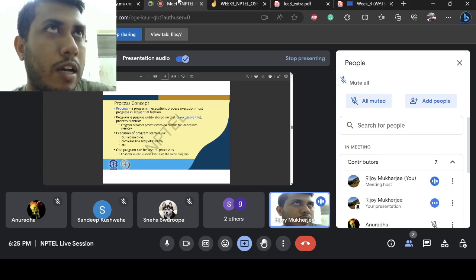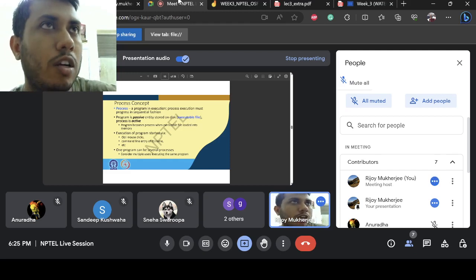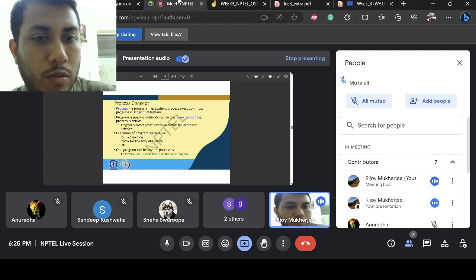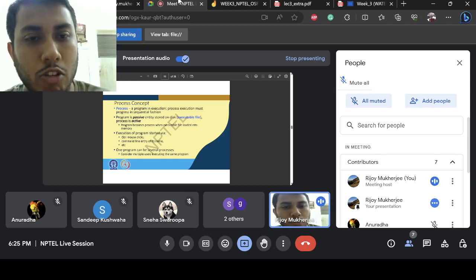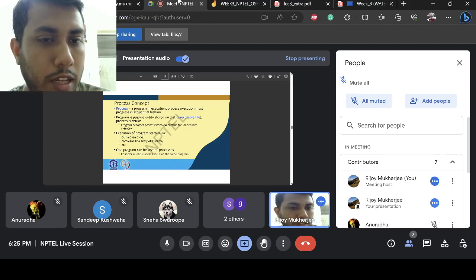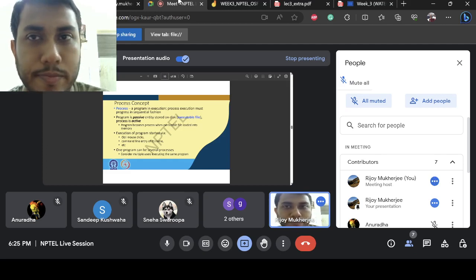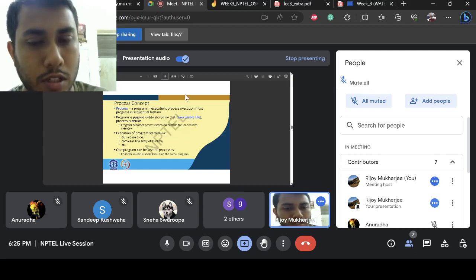Suppose the object file you created for your C code is called a.out. When you do the top, you will be able to see the process ID of the program you are running. That is what a process is, a program in execution.